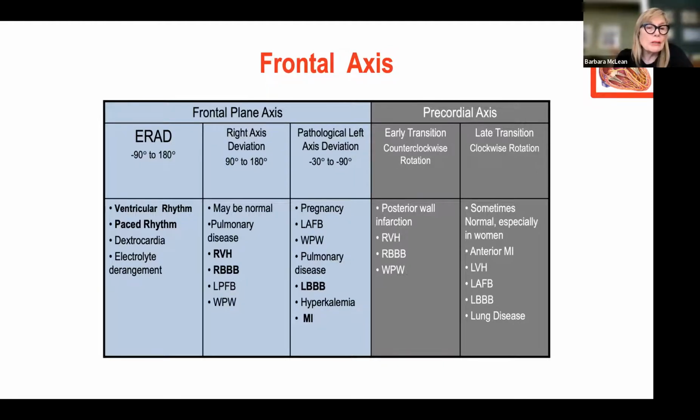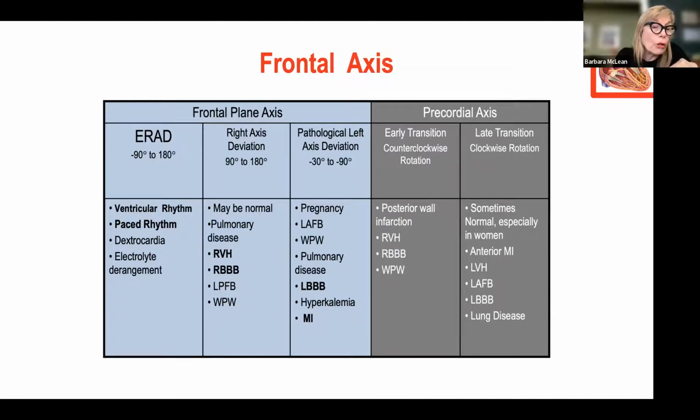You almost always say, well, that's confirmational. You also have a right axis deviation when you have cor pulmonale, you have chronic pulmonary disease, you have a developed right ventricle. The time for conduction is not delayed, but the amount of voltage is increased. That gives me a right axis deviation. So with right ventricular hypertrophy, right bundle branch block, and with posterior fascicular block.